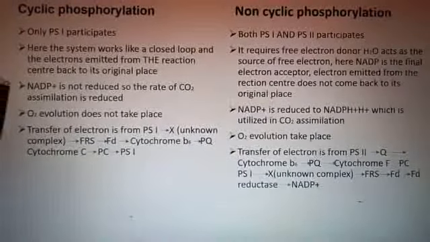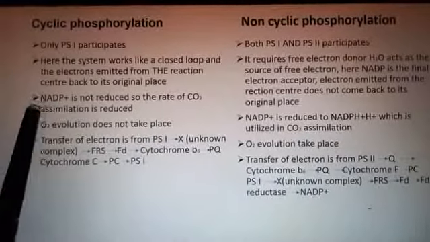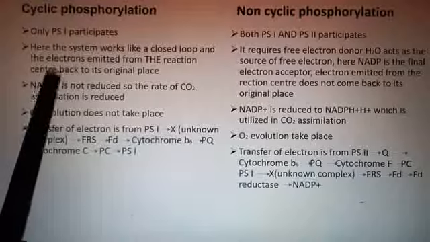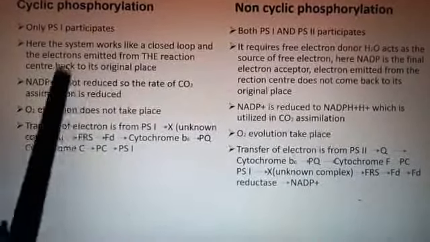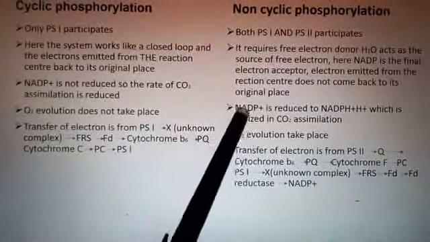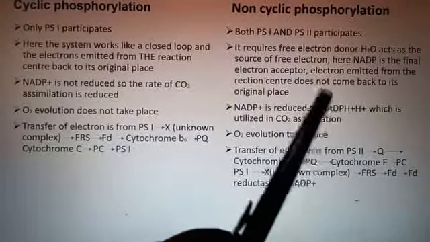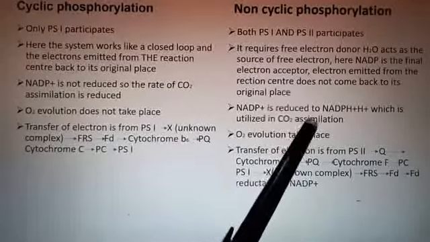The third difference is that in cyclic phosphorylation, the reducing power NADP is not reduced, so the rate of CO2 assimilation is reduced. Whereas in non-cyclic phosphorylation, NADP is reduced to NADPH2, which is utilized in CO2 assimilation.